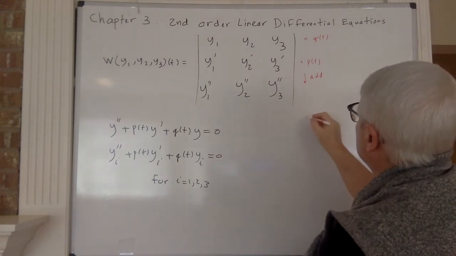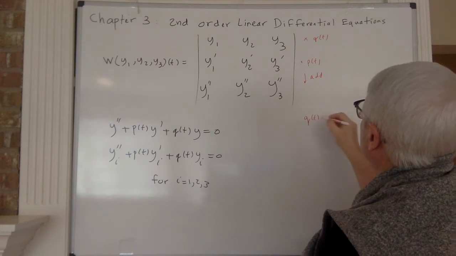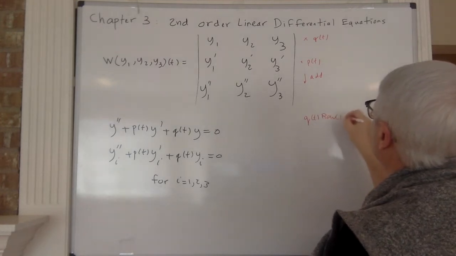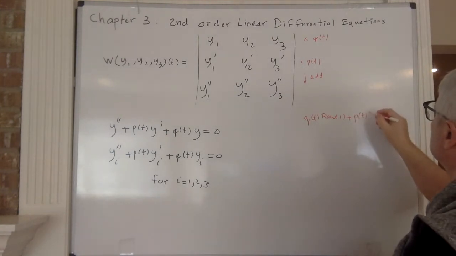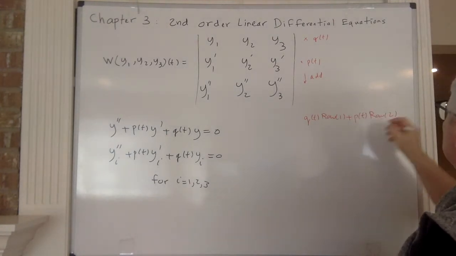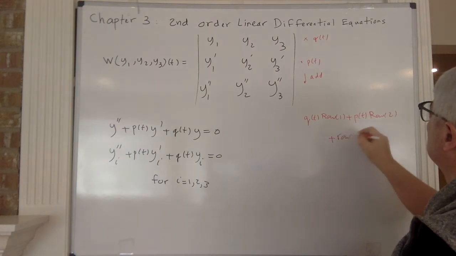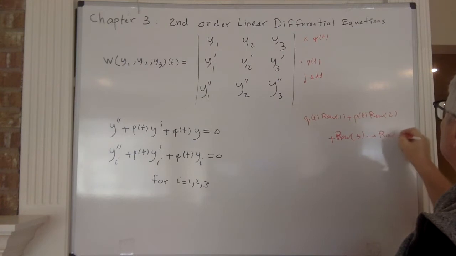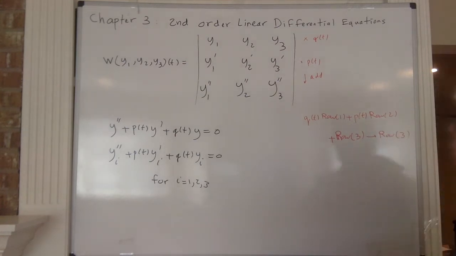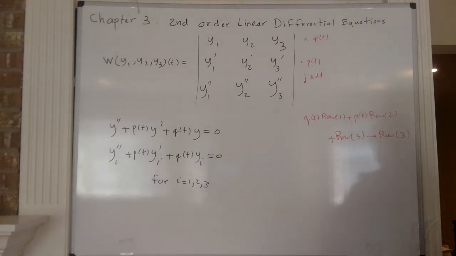Row number 1, q(t) times row 1, plus p(t) times row 2, plus row 3. And this goes to row 3. But that doesn't change the determinant, right? So q(t) times the first one, p(t) times the second one, and add those two to the third row. Okay, let's see what happens.